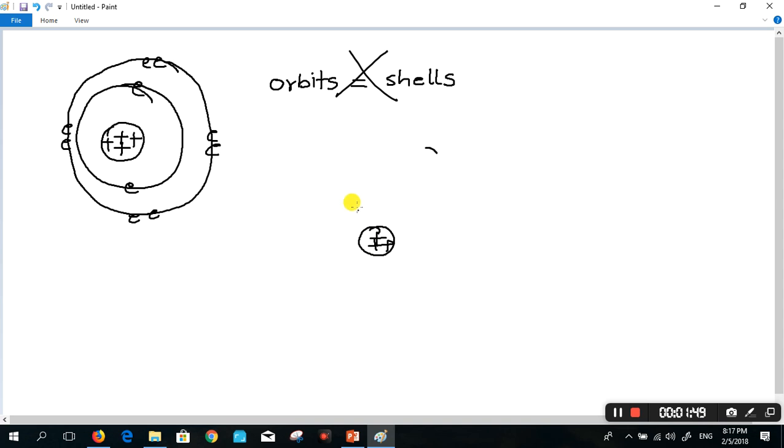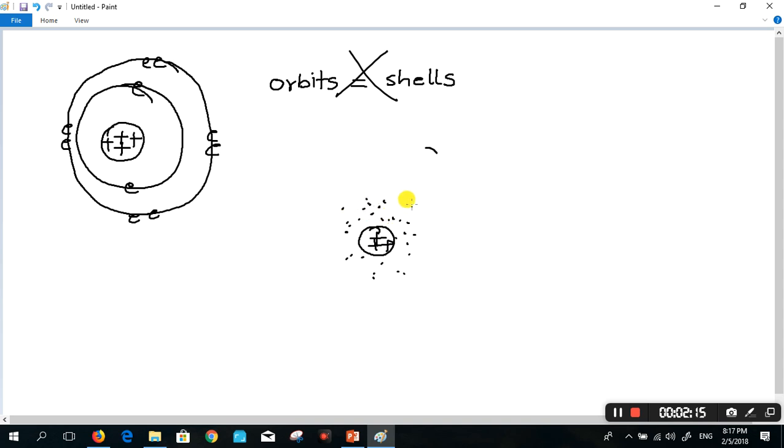However, in its movement, if you were to track its movement, you would see that it's restricted to a particular region of space. So if I was to take a snapshot of this electron repeatedly, and the first time I take its photograph, I find it's here, and the next time, it's here, next time here, and I keep repeating this process.